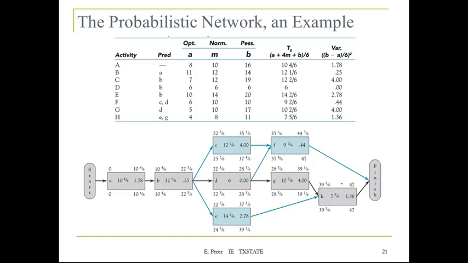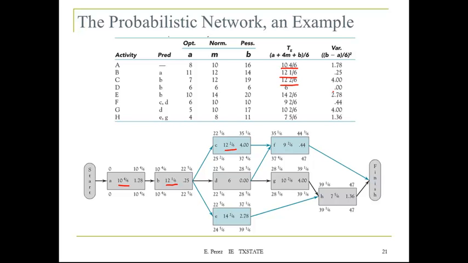So, for example, we started here. For A, we have 10 times 4 over 6. B, represented by this number. Z here, and so on.